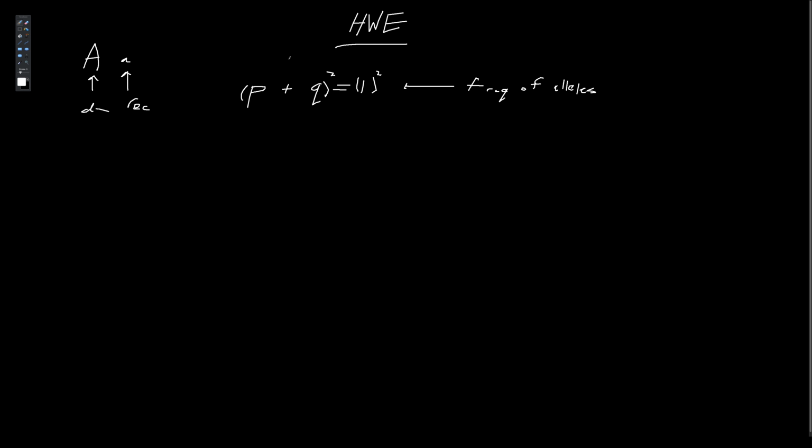So when we square this, if you expand it out, you get P squared plus 2PQ plus Q squared equals 1, right? Because 1 squared is just 1, so it's on the other side. So now this tells us the frequency of genotypes. That's an important distinction.